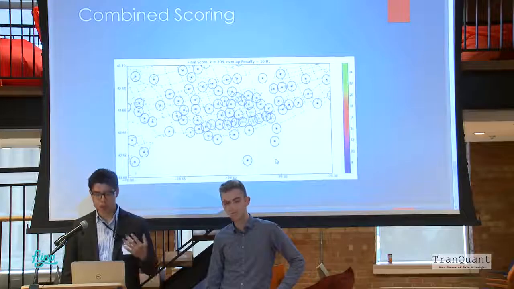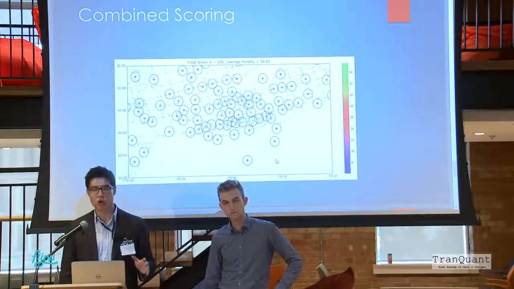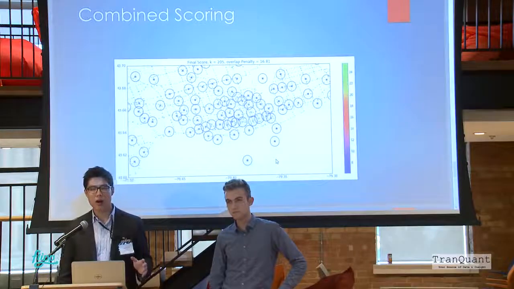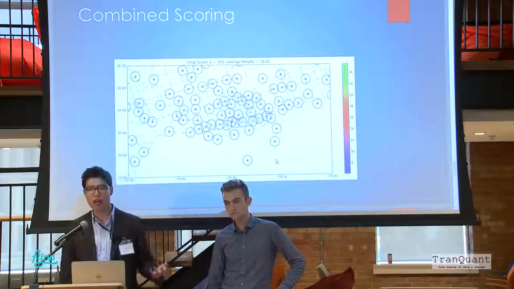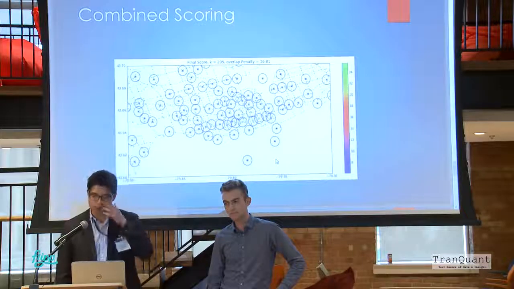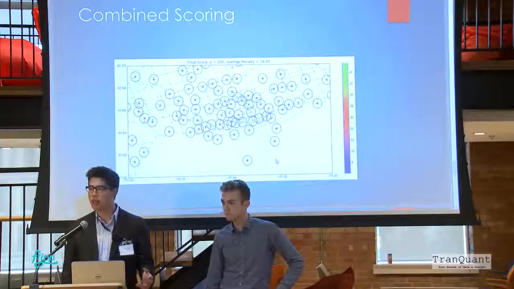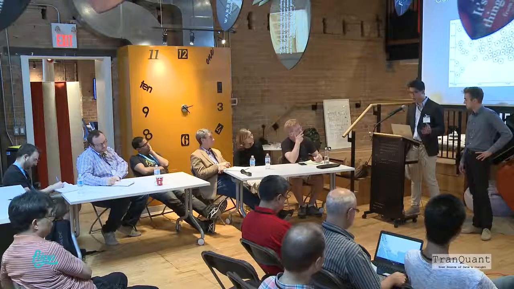Now we came to a part where we had to decide, how do we compare all this data, right? We're trying to come up with some final score, but how do we compare the number of check-ins to the number of transit stops? How many transit stops is 3,000 check-ins worth? That's really a difficult question, and that makes tuning the weights of our final score rather difficult. What we did is that we instead normalized the scores.